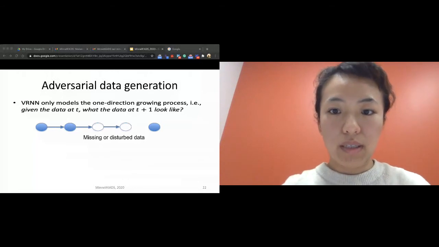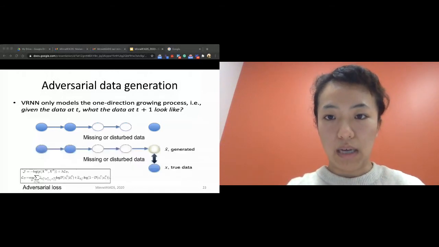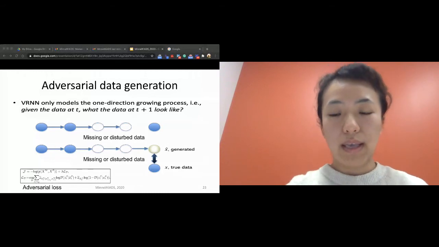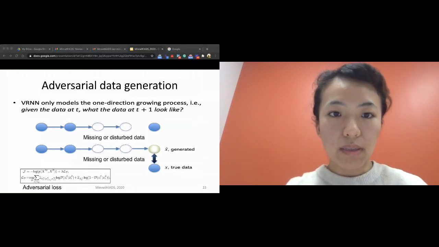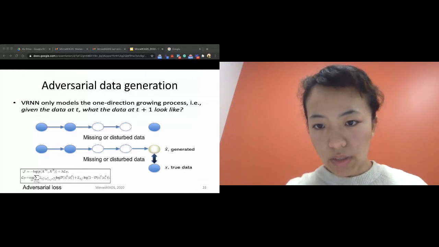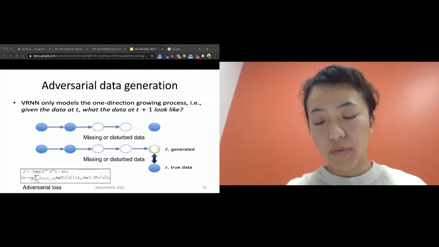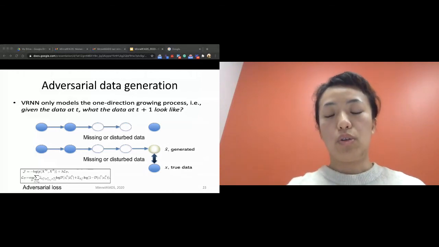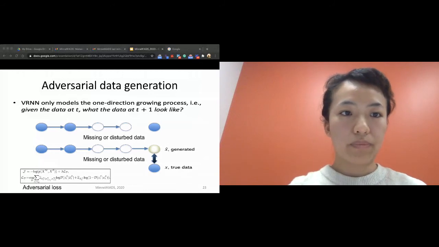The cost function from the generative model will be combined with this regularized loss. This loss comes from the variational recurrent neural network. And by adding this regularizer, we can ensure that the generated data will be close to the truly available data in the next step.